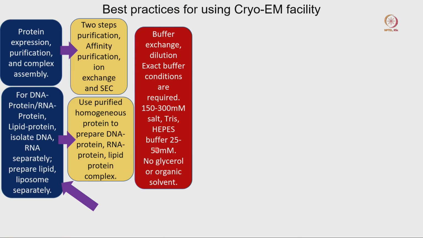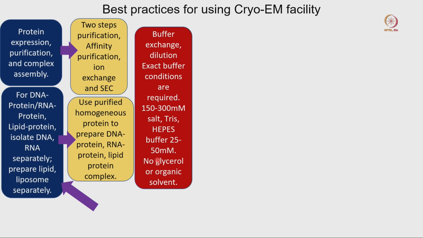When we have this sample, if we look at the slide, you can see that after this purification, the next step is that sometimes we need a buffer exchange. Remember that whenever we purify our protein, most of the time our protein will be very happy and will not aggregate or precipitate at high salt concentration, generally 500 millimolar or 700 millimolar.